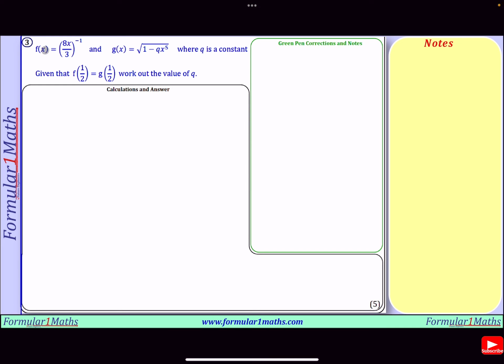Question 3. f of x is equal to (8x over 3), all of that raised to the power minus 1. And g of x is equal to the square root of 1 minus q x to the power 5, where q is a constant. Given that f of 0.5 is equal to g of 0.5, work out the value of q.